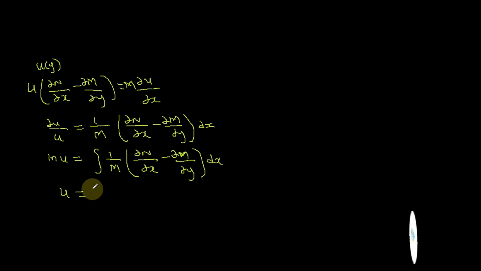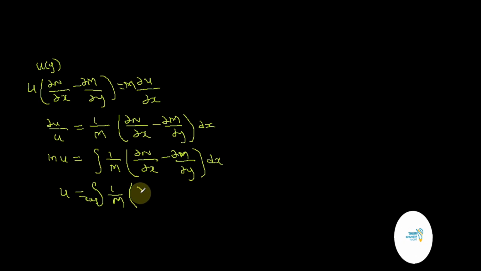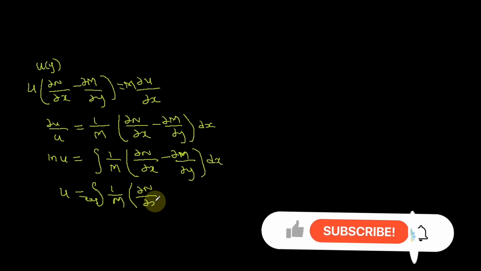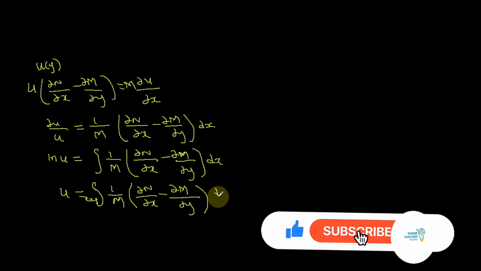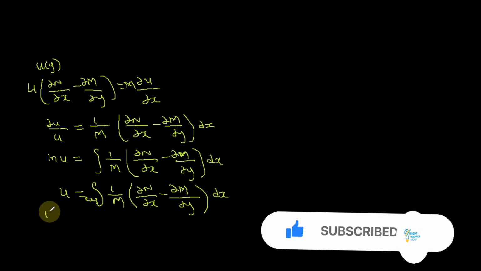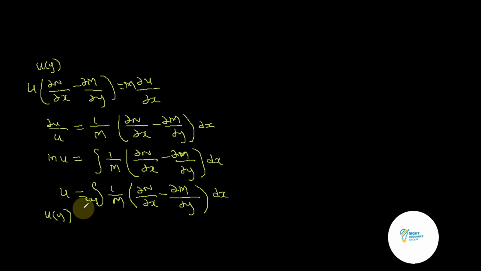Hence, our u will be equal to the exponential of the integral of 1/M (∂N/∂x minus ∂M/∂y) dy. So this is our value for u of y. Hence, this is the method of solution for an inexact differential equation.